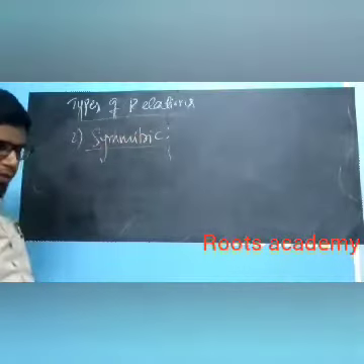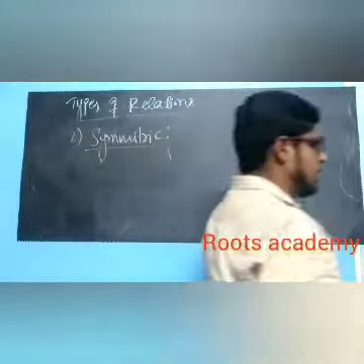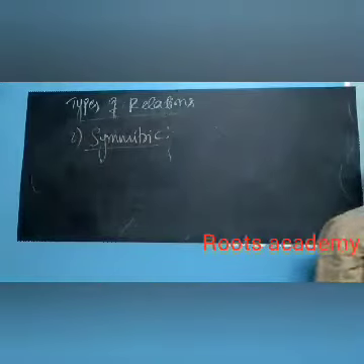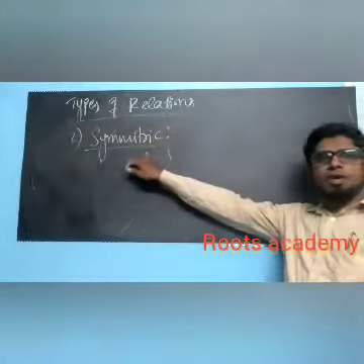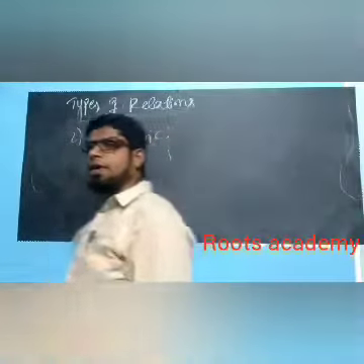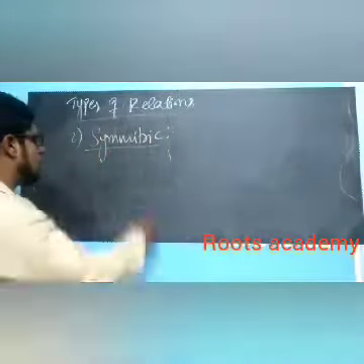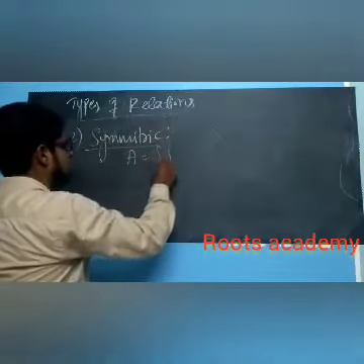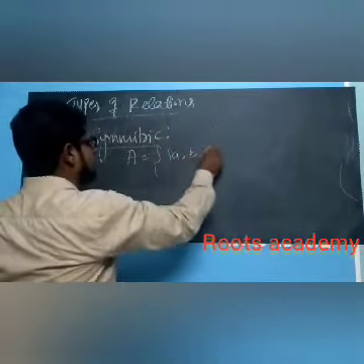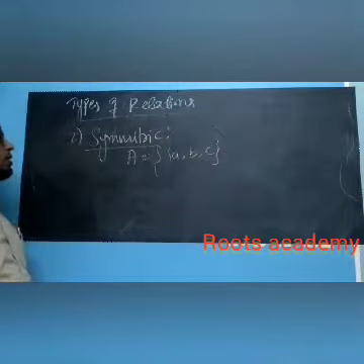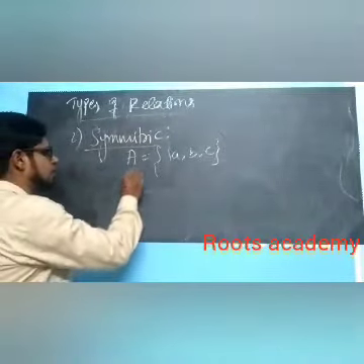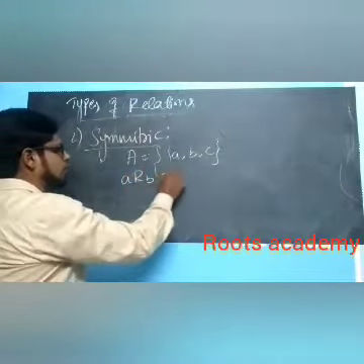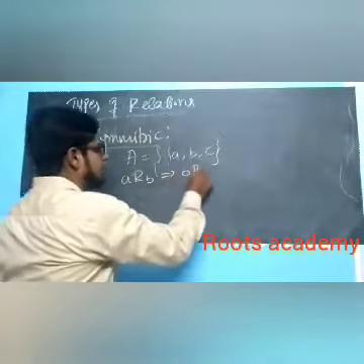Symmetric is the second type of relation. In this relation, we will check the symmetry of each and every element of a relation. Suppose I have a set, I'll take a general one, {a, b, c}. Then we will check if a is related to b, then there must be b related to a.